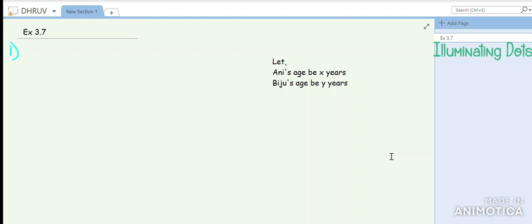So we will take that either Ani is elder than Biju or Biju is elder than Ani. If Ani is elder than Biju, then x is greater than y, and if Biju is elder than Ani, then x is smaller than y. So we have the two cases here.